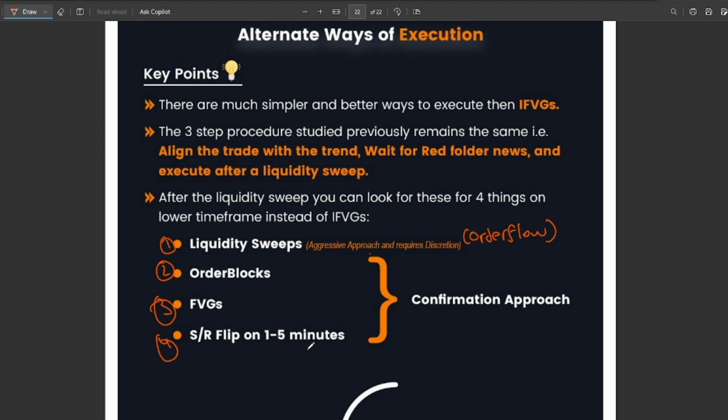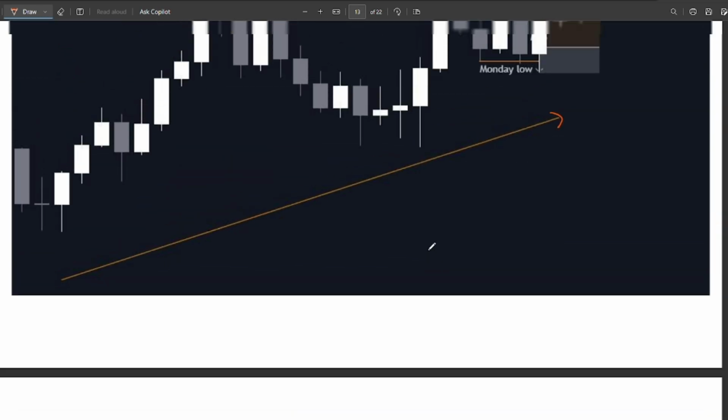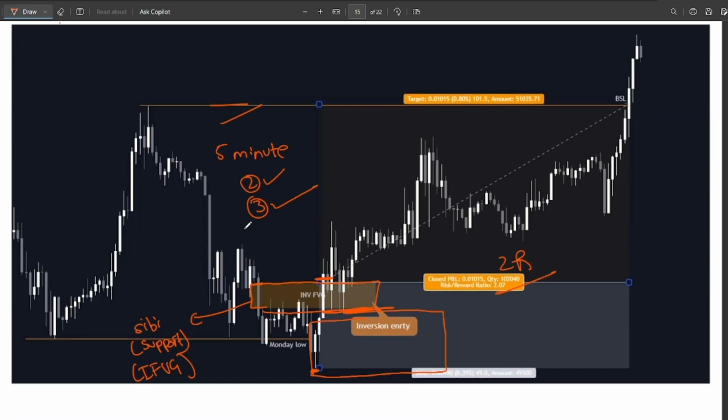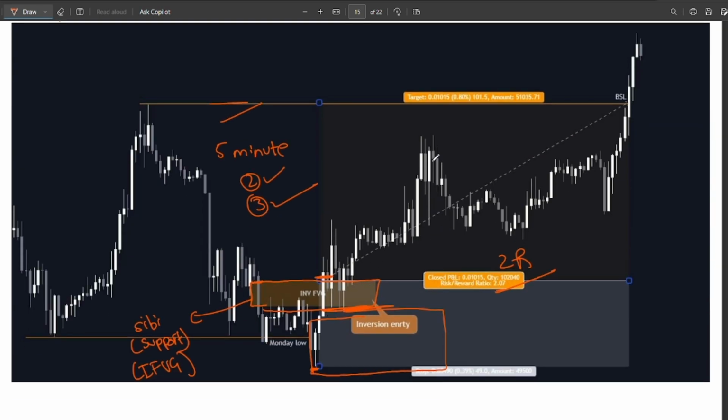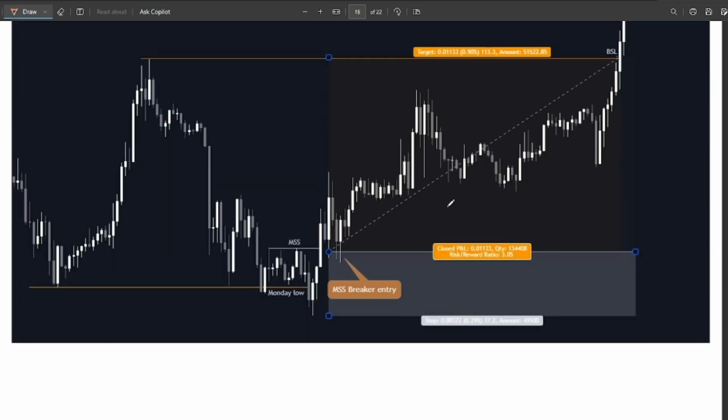If we come back to the previous examples, previously here you saw we took a long with the help of the inverse fair value gap for a 2-hour trade. You can see the 2-hour trade was taken and we have the higher time frame narrative as bullish. The liquidity was taken on the red folder news and we utilized the inverse fair value gap for a bullish long. Now let's see how I would take a trade if I utilized this breaker.